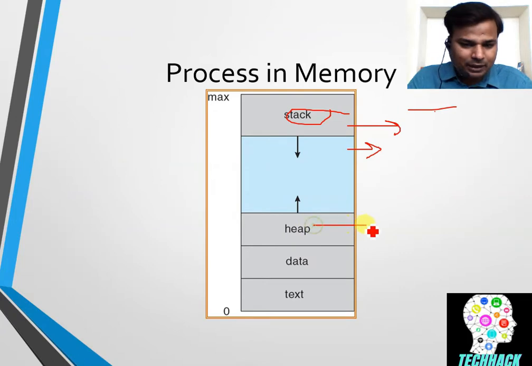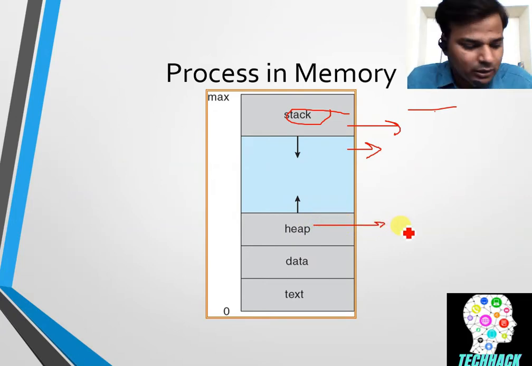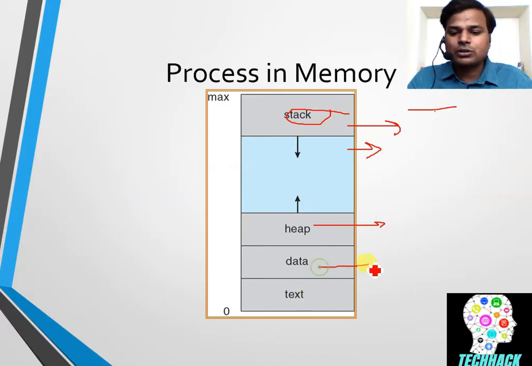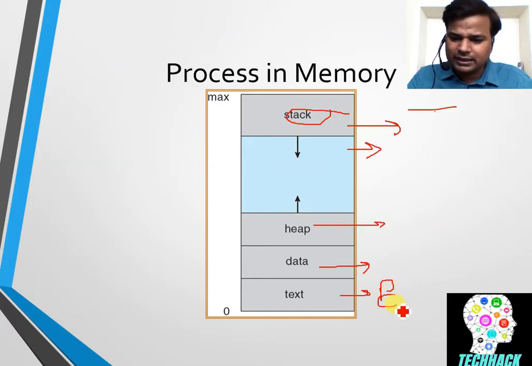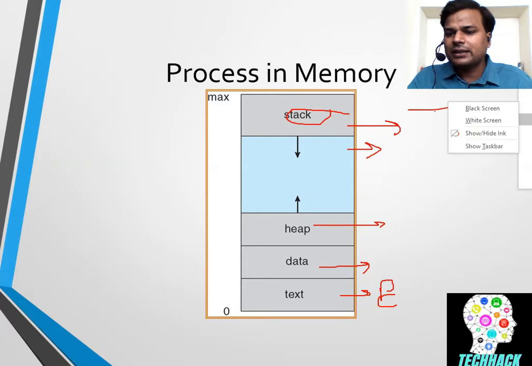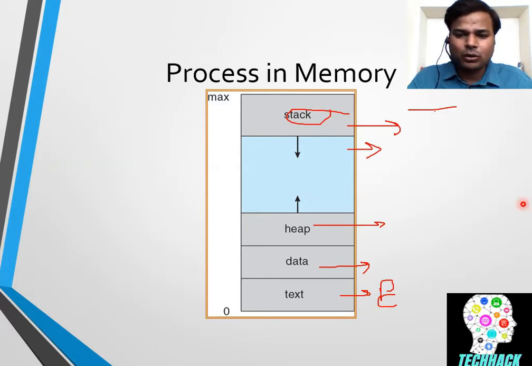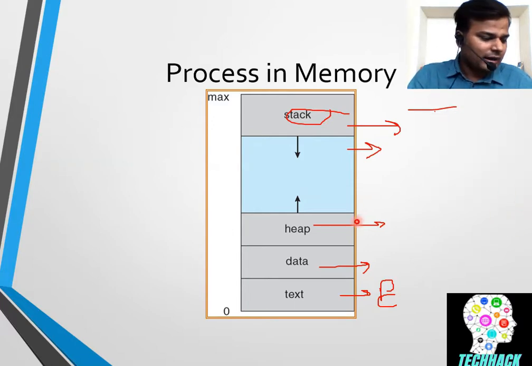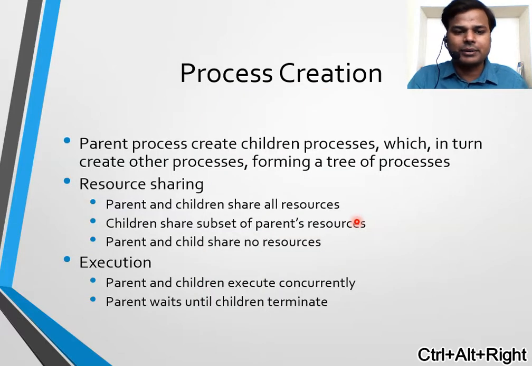In the heap we keep memory which is dynamically allocated. In data we keep global variables. In text we keep our program counter, and the contents of the registers are kept over here. So guys, in this scenario we can visualize how the process is working and how the process is allocated into the memory.